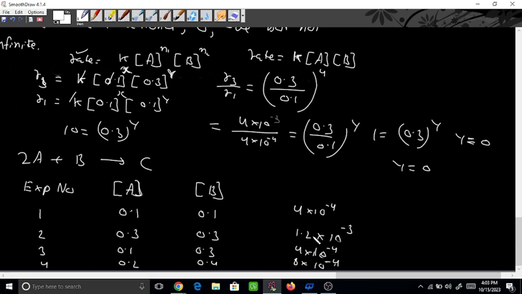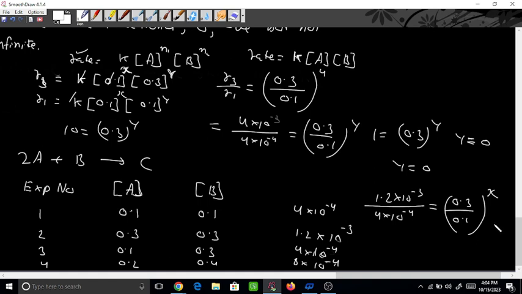R2 by R1 means this divided by this, so 1.2 into 10 to the power minus 3 divided by 4 into 10 to the power minus 4. Is this okay? That is equal to this part, this will get cancelled out, so 0.3 divided by 0.1 to the power x.